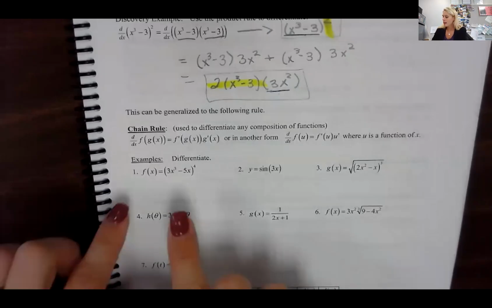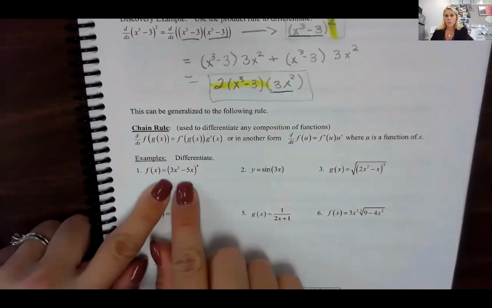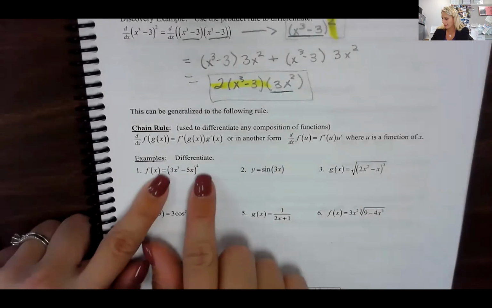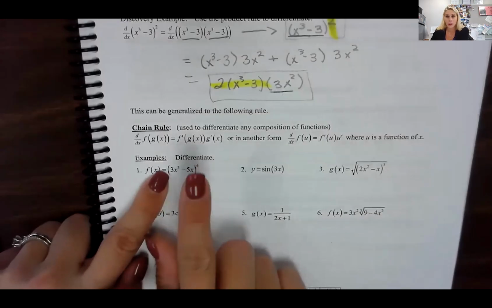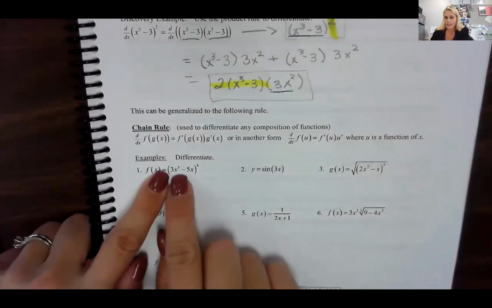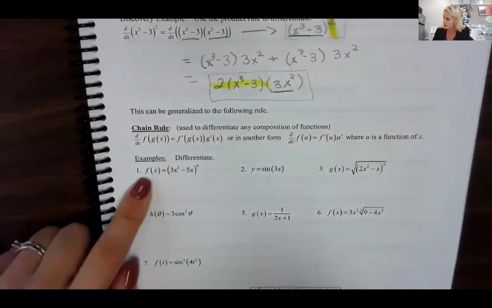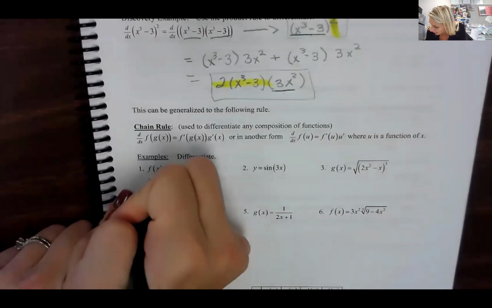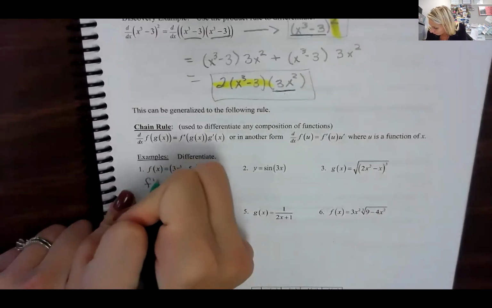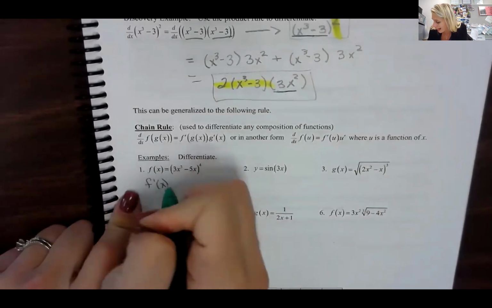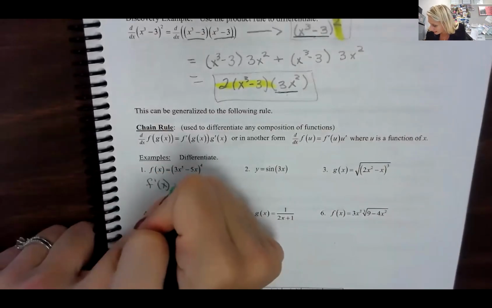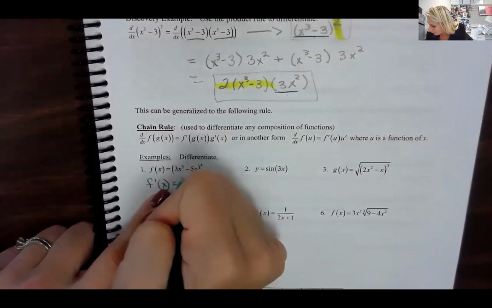I want you guys to recognize, like on number 1, we're dealing with two functions. I see we have a function that is to the fourth, and we have the inside function of 3x cubed minus 5x. So to take the derivative of f of x, we're going to do the outside. The outside says, bring the 4 down.